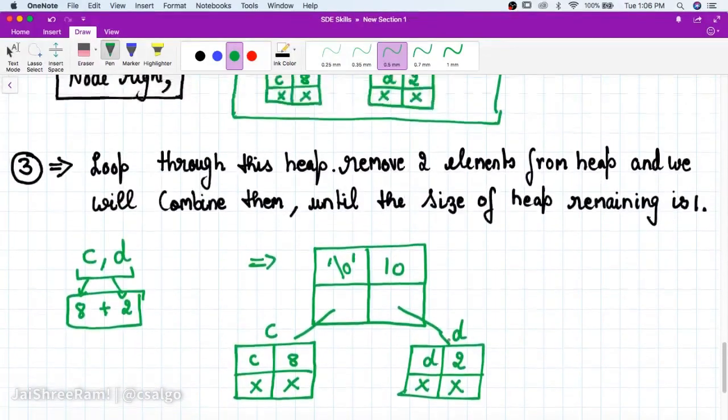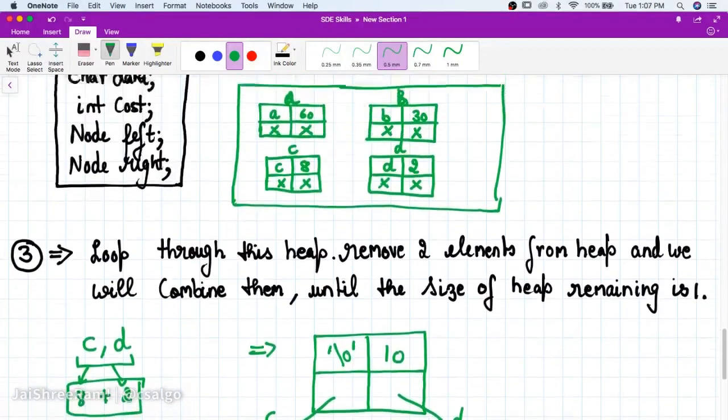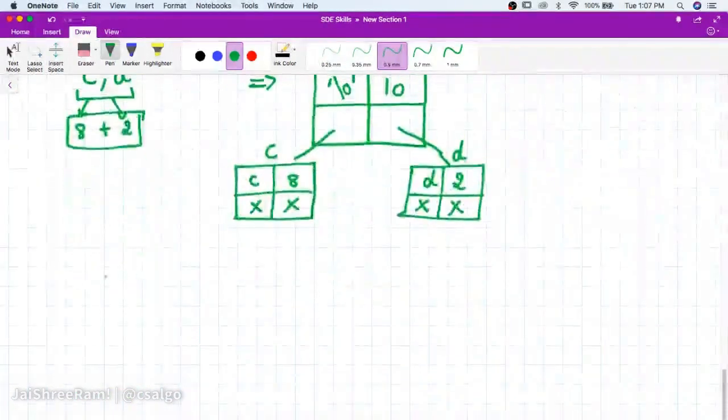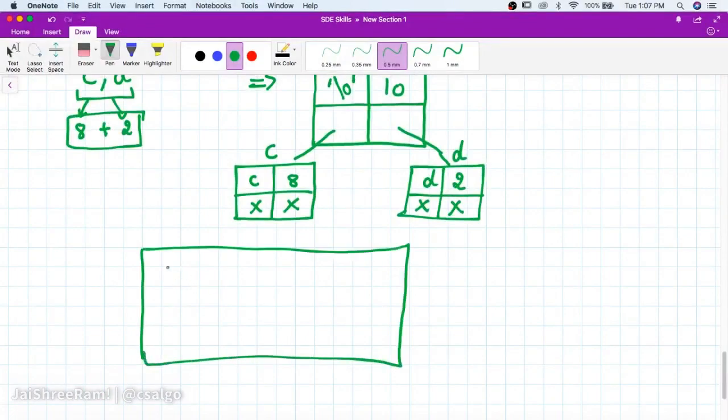Now we will insert this node into the heap. So the updated heap will now have 3 nodes.